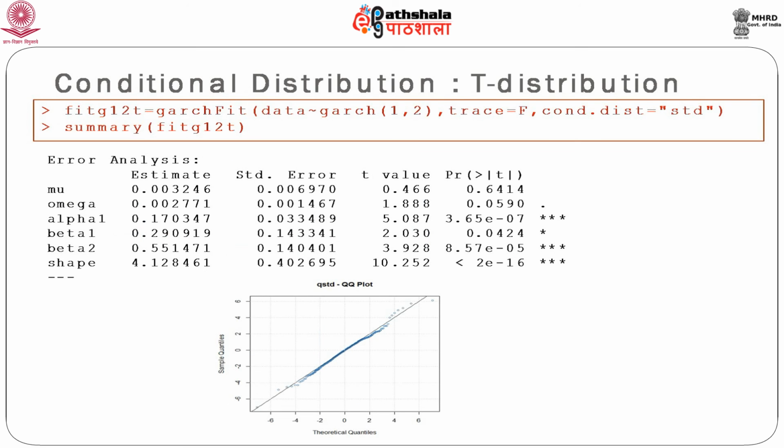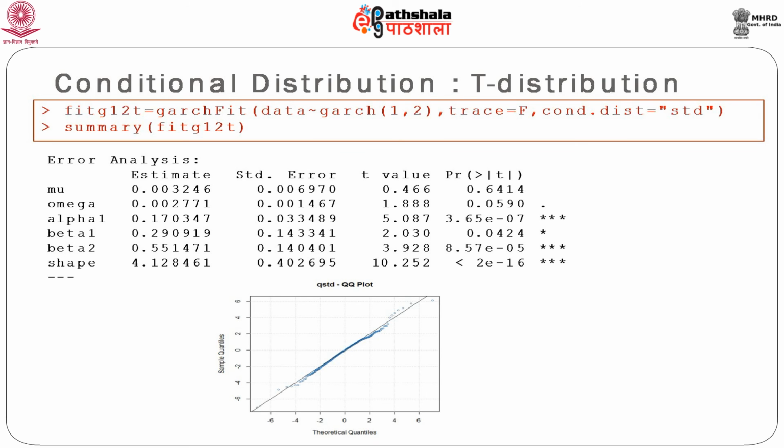Instead of the normal conditional distribution, you can look for other available distributions. The most common is the t distribution, because it is a much steeper distribution compared to normal, so t might be appropriate for approximating this distribution. You can choose any distribution, but for the sake of understanding, I took the t distribution as the conditional distribution.